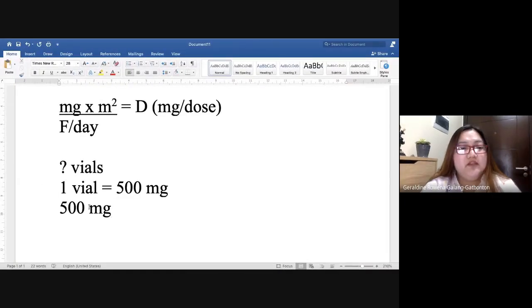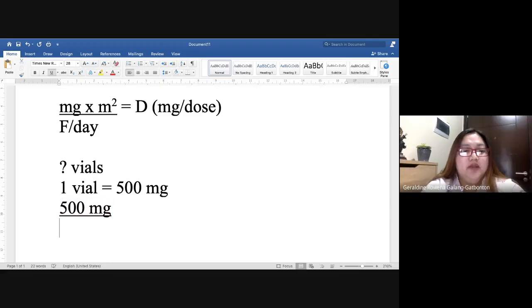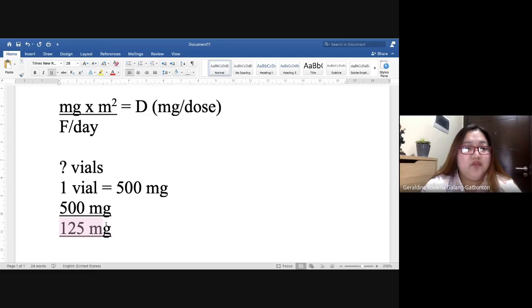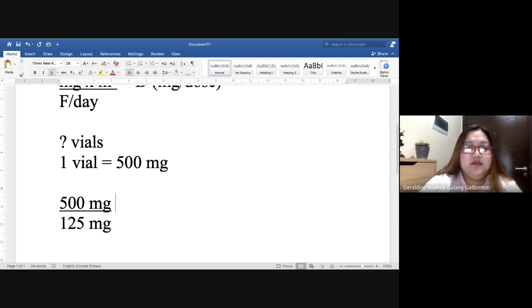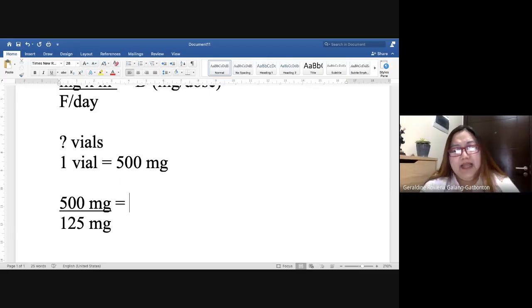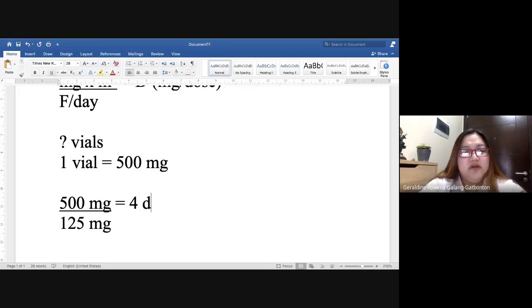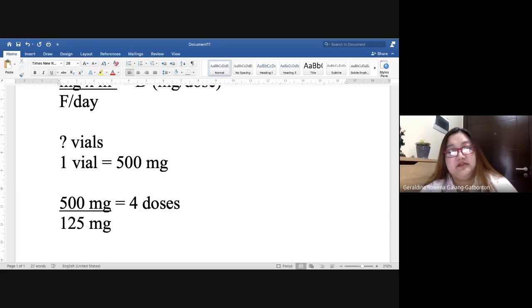Which means, if you divide 500 mg into 125 mg, kasi 125 mg siya per dose. Okay? So, ang isang vial, makakailan siyang doses? 4 doses. Okay? Ang isang vial na 500 mg, magagamit ng pasyente in 4 doses. Kasi ang kailangan lang niya per dose, 125.